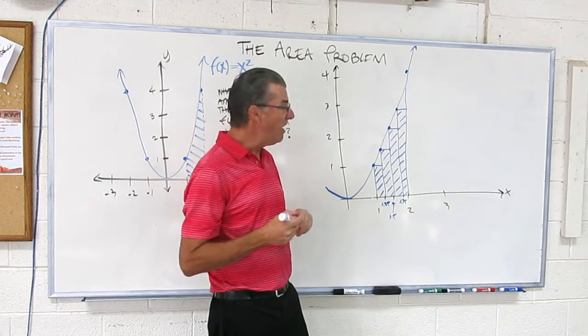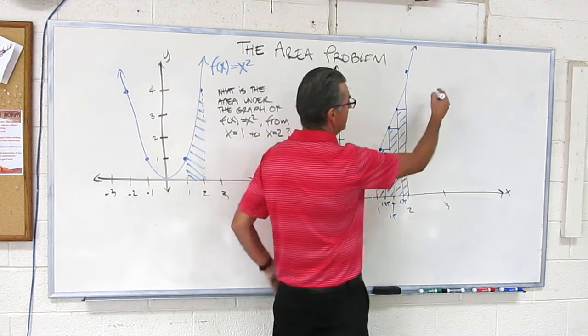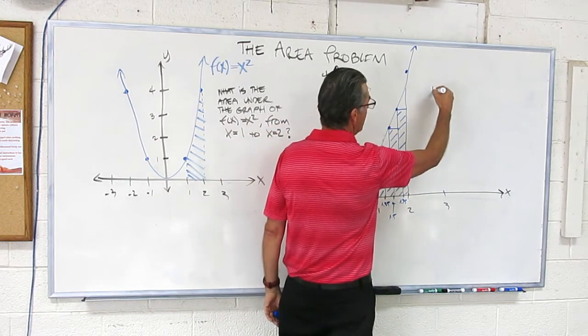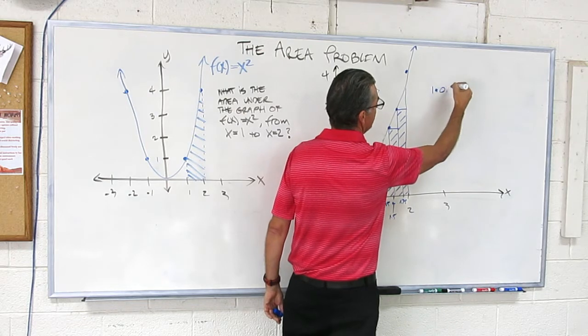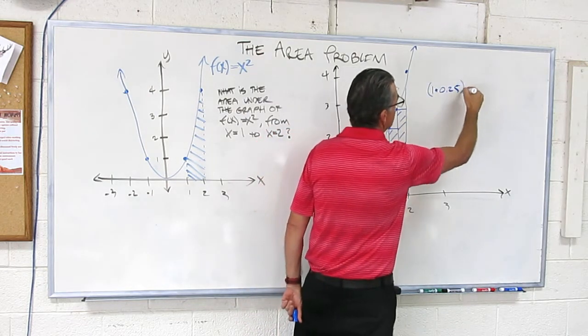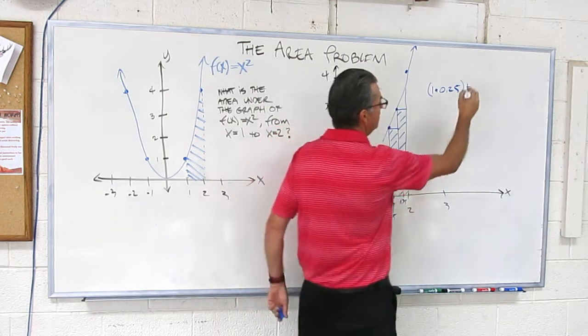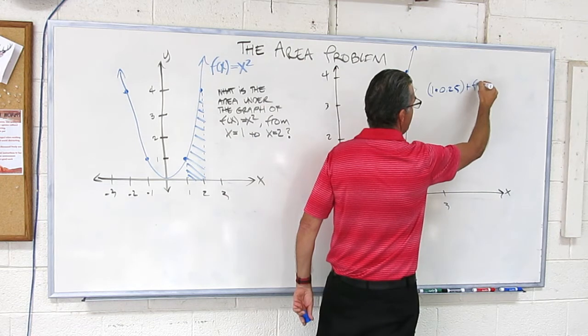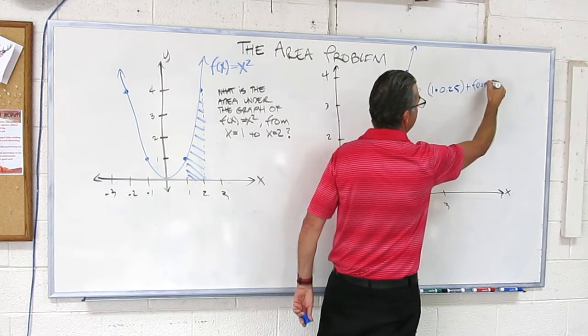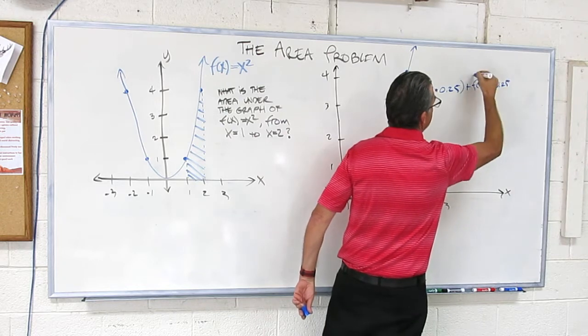So let's take a look at how this looks. The first rectangle is 1 high, so it's going to be 1 times 0.25. Okay, so that's our first piece. Then we're going to add the next one, which is also a quarter wide, but the height is f of 1.25 times 0.25, right?